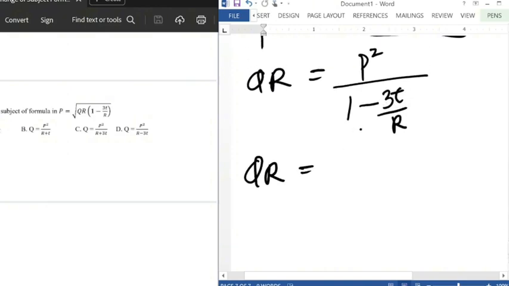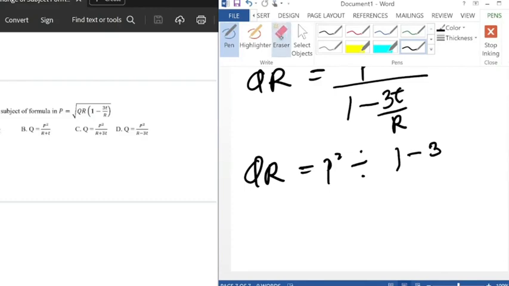So this will give us p squared divided by 1 minus 3t. Before we go into this, let's solve the denominator first, what we have inside the bracket.